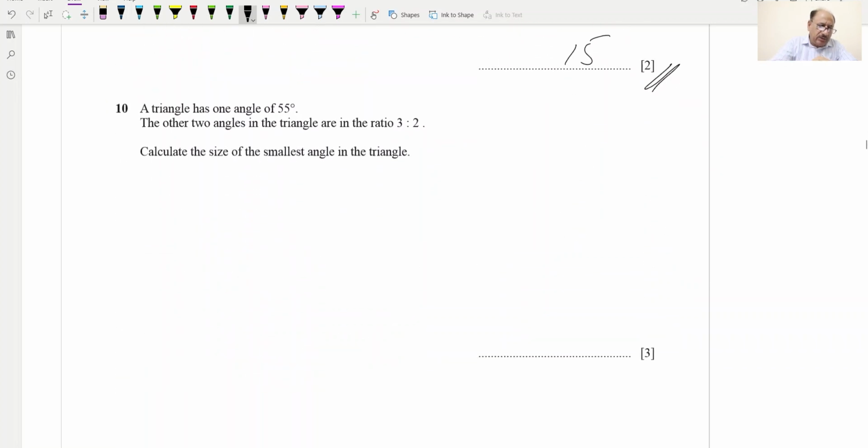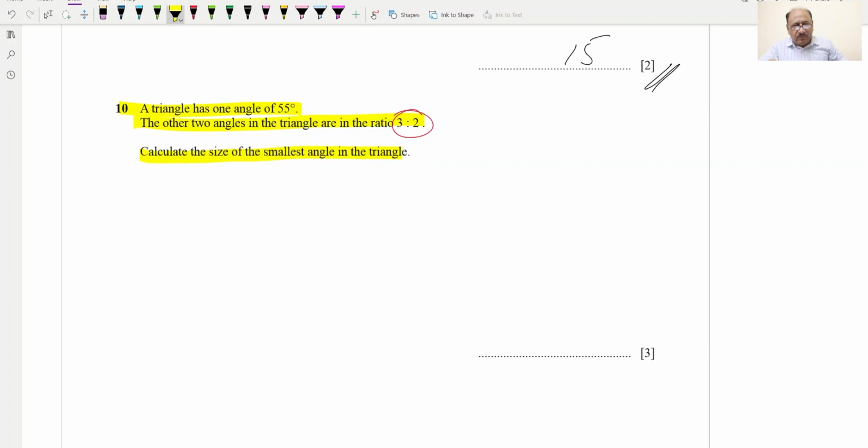Now question number 10, a triangle has one angle of 55. The other two angles in a triangle are in the ratio of 3:2. Now calculate the size of the smallest angle in the triangle.